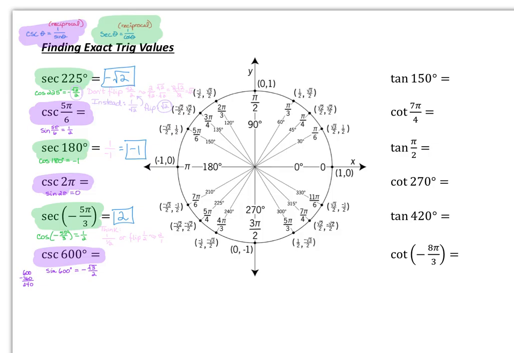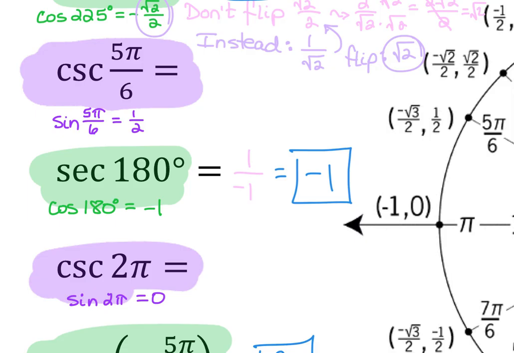So let's start with the sine of 5 pi over 6. Your sine of 5 pi over 6 equals 1 over 2. And remember that you're then going to just flip that so that it becomes the reciprocal.